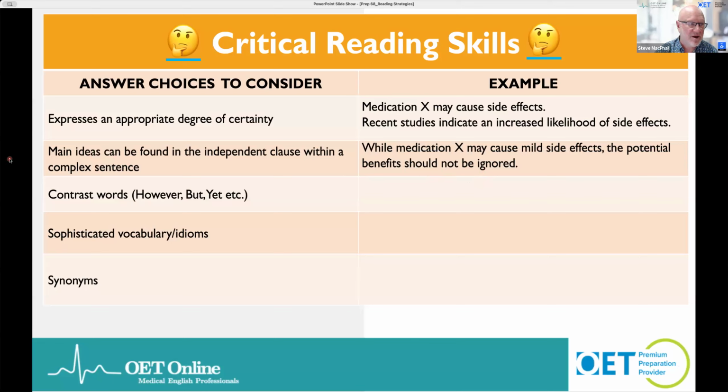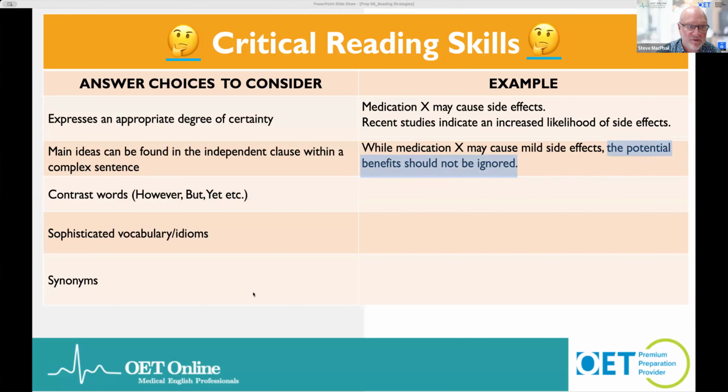Now, the main idea here is in the independent clause. Here it is. Now, if you get good at observing that and paying attention where the commas are and understanding sentence structure, you'll start to identify where main ideas are within text. It's a very useful strategy.